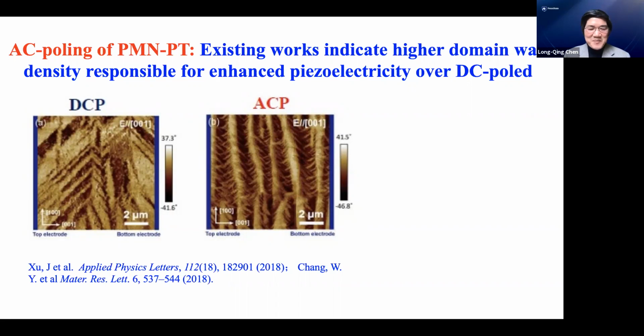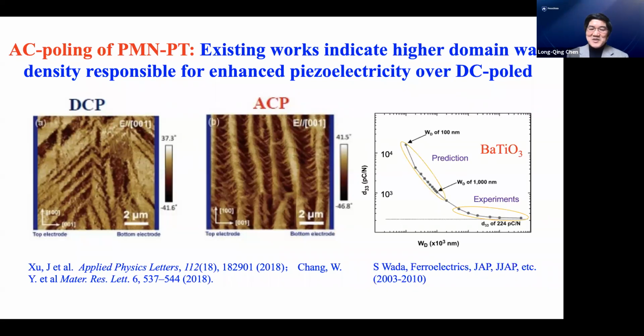of the domains. This idea of refining domains to enhance piezoelectricity also came from the earlier work by Wada in Japan. In the work, he worked on barium titanate ceramics.